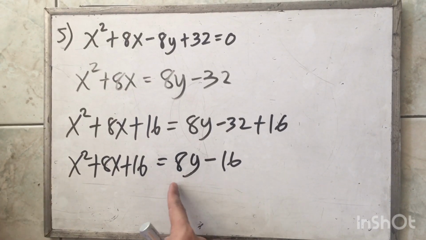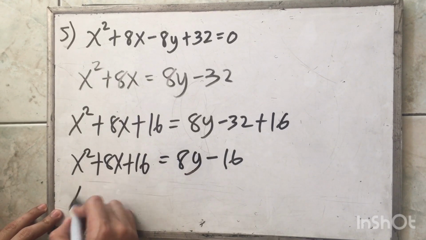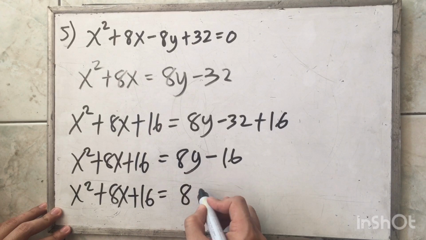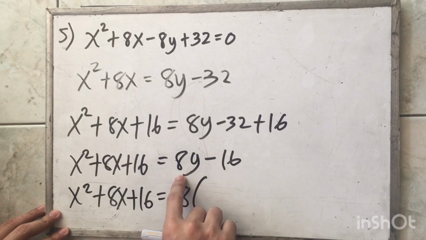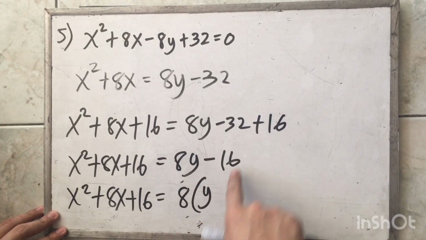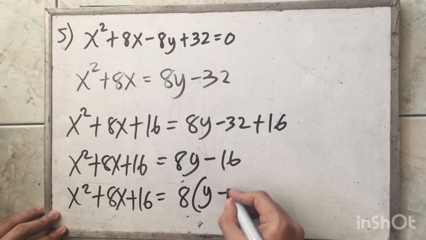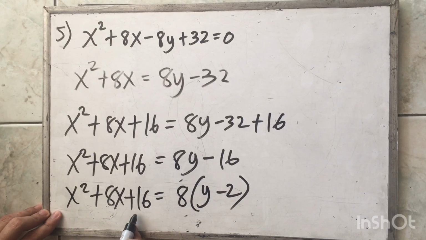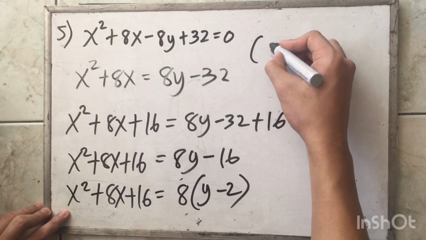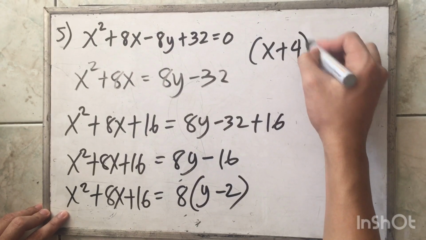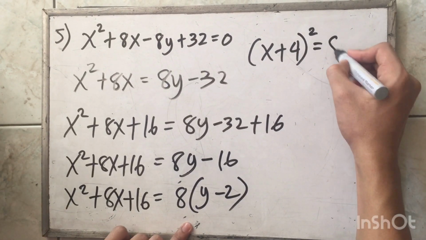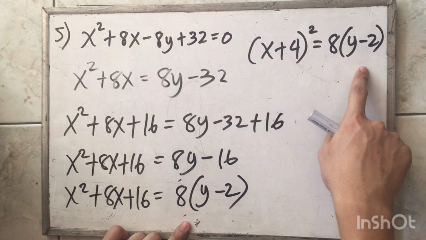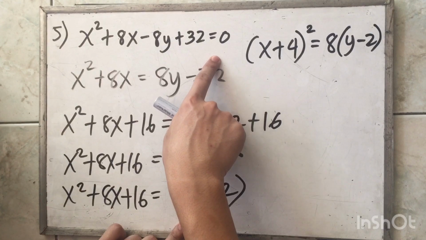So we're going to factor out 8 on the right: x² + 8x + 16 = 8(y - 2), since 8y divided by 8 is y and -16 divided by 8 is -2. But the left side is a perfect square trinomial. It can be written as (x + 4)² = 8(y - 2). And this is now the standard form of the given equation.